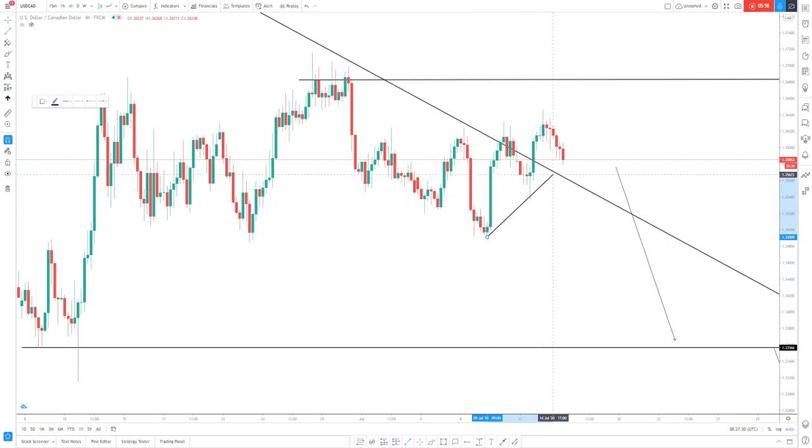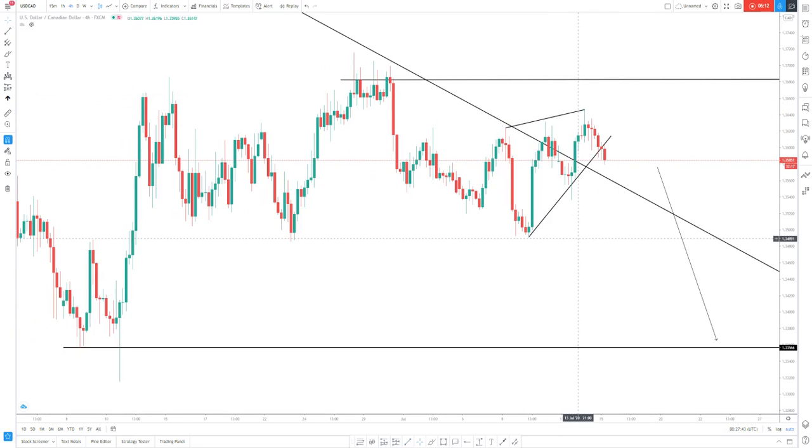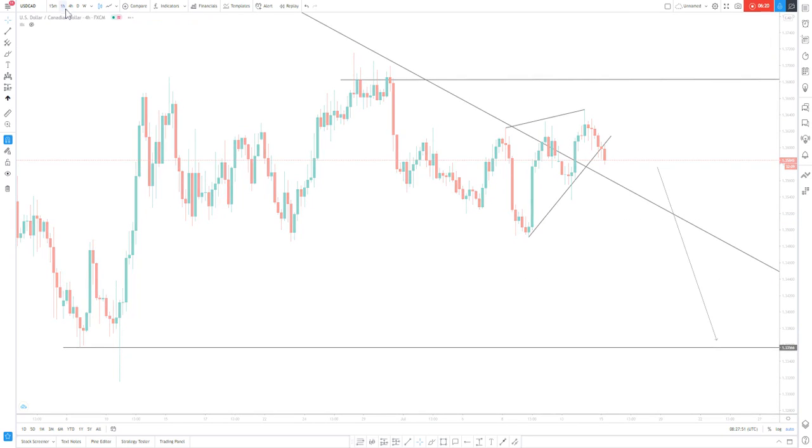We can see how well this corrective pattern formed and broke, and it looks to move to the downside, deeper down to the 1.335 level.